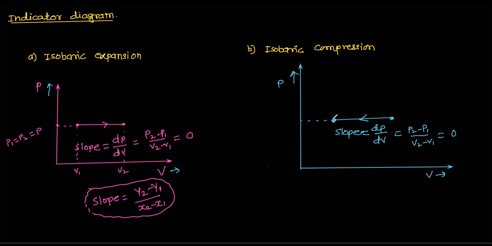Right? Here also same thing, isn't it? So here you can see V1, this is V2, or you take here V1 and here V2, because it is compression, no? Choice is yours.